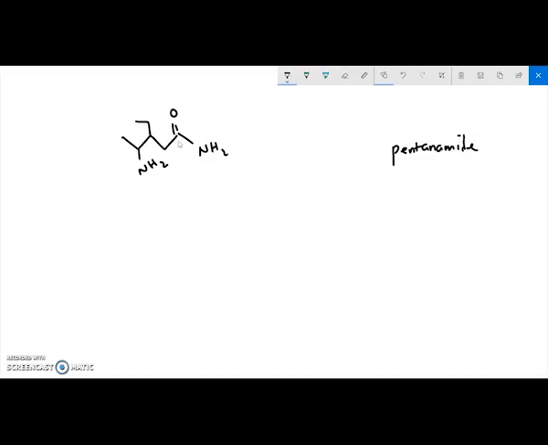At the same time, we have substituents located at the third carbon and also the fourth carbon of the parent chain. The fourth carbon has amino, while at the third carbon we have the ethyl group. Again, the name should be arranged in alphabetical order. So we have 4-amino-3-ethylpentanamide.